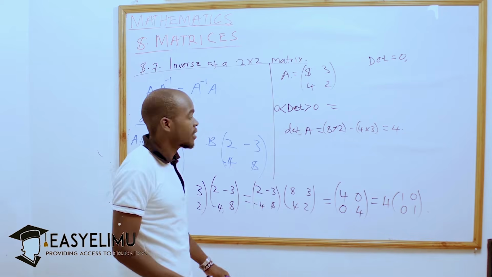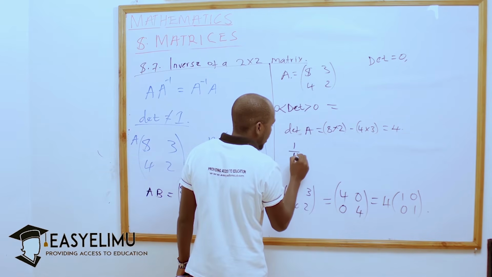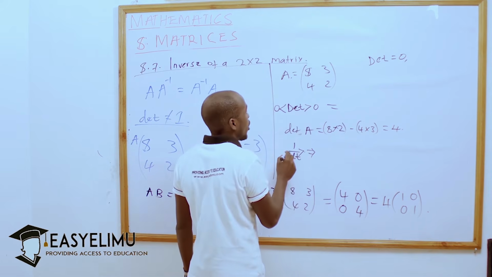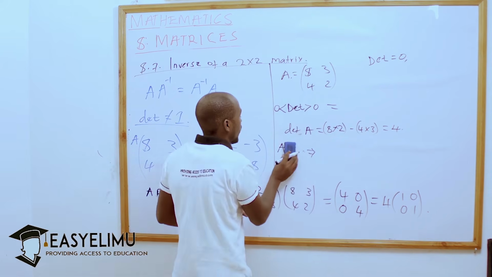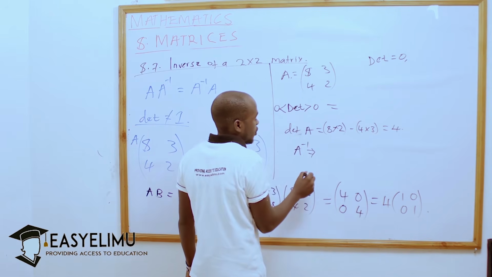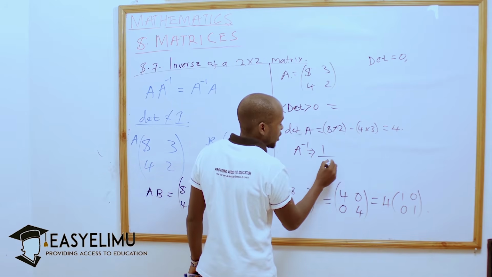After finding that, you take 1 over that determinant, because we are going to find A inverse, which will give us B. So we shall find 1 over that determinant, which is 4.